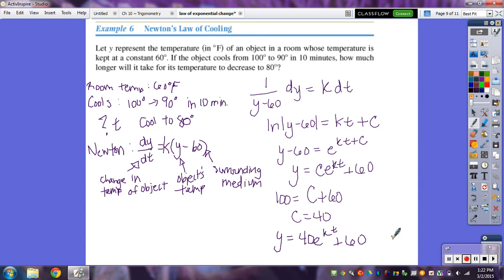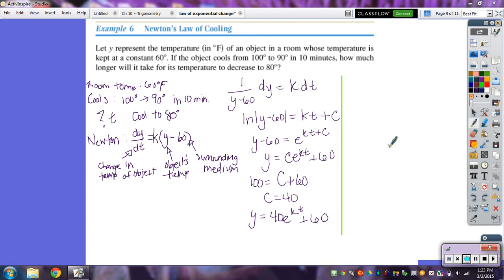And then I also want to use some of this initial information to continue to find some other variables, my k in particular. And so I know that when it cools to 90 degrees, 10 minutes have passed. So I can plug 90 in for y, 10 in for t, and solve for k. And that would look like this.